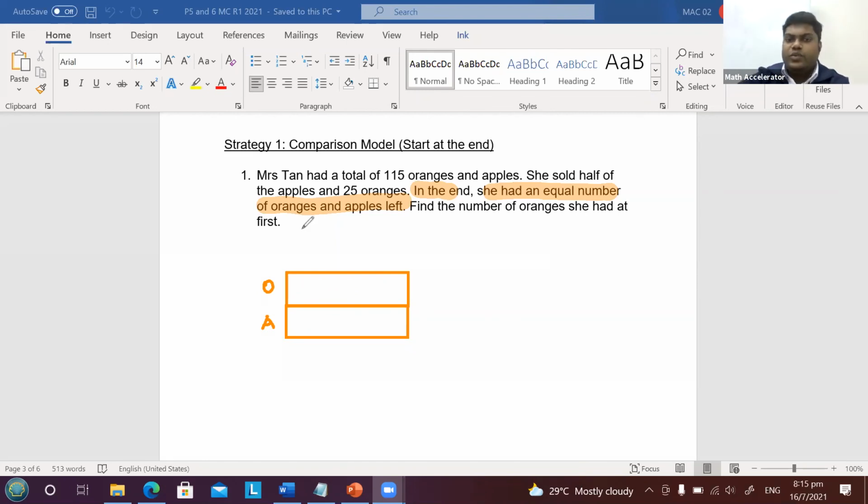Okay, so once this part is done, now let's take a look at the first information. This one right here. She sold half of the apples. If I sell half of something, the remaining is half as well, right? So if this remaining is half, it means at first I have twice of what I have now, correct?